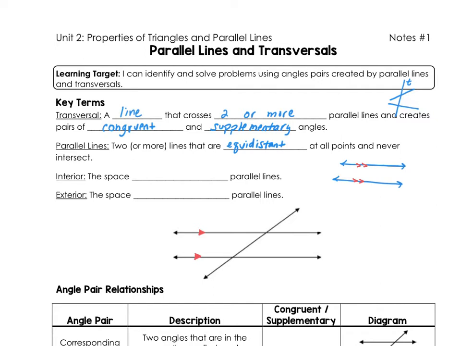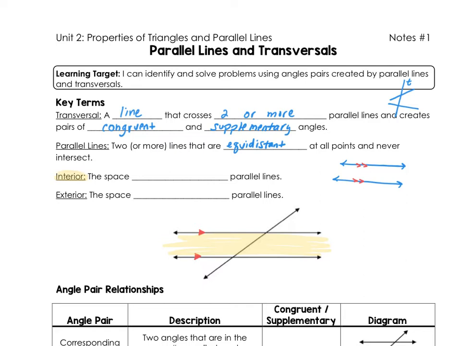When we talk about two parallel lines being cut by a transversal, the space is divided into exterior space and interior space. The interior space, I use my highlighter tool and highlight this in yellow. The interior space is the space inside or in between the two parallel lines.